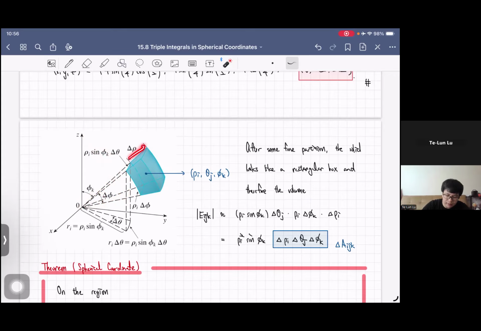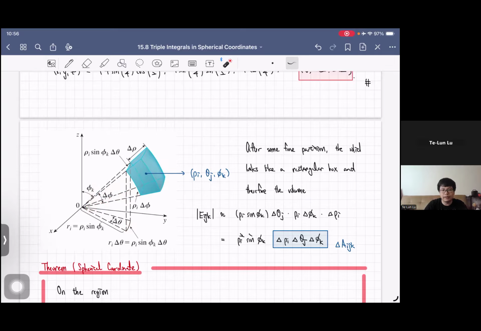And the thickness is delta rho, the difference of distances from the outer layer to the origin and the inner layer to the origin. Lastly, there is another thickness in this direction, delta theta. Those are the three different components in this small solid.